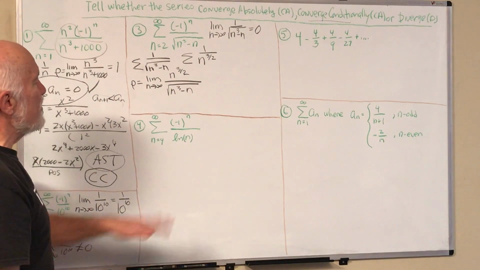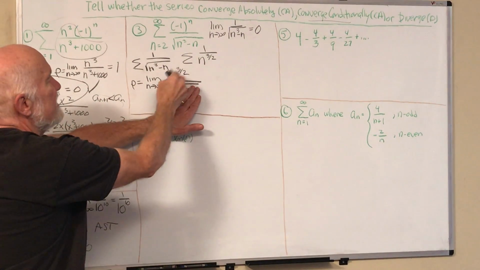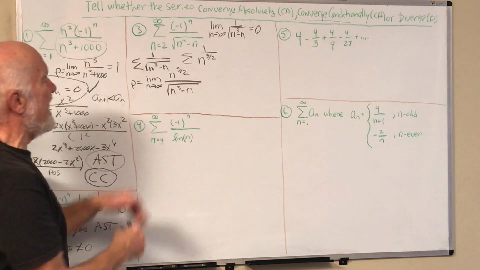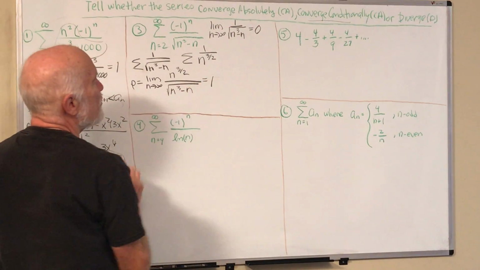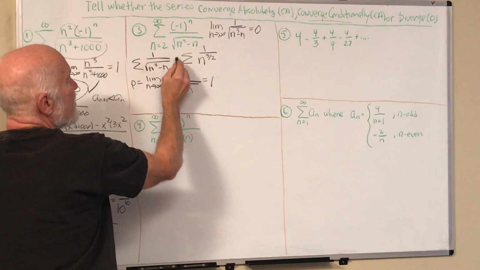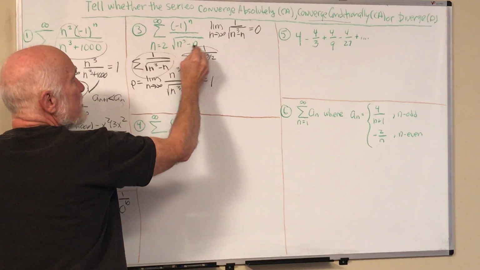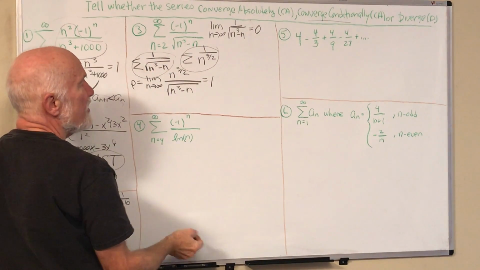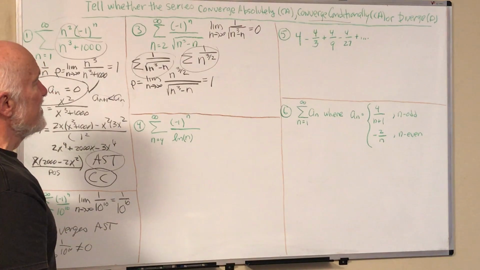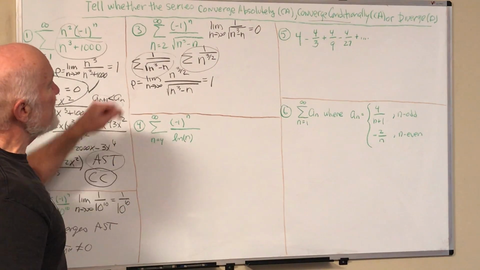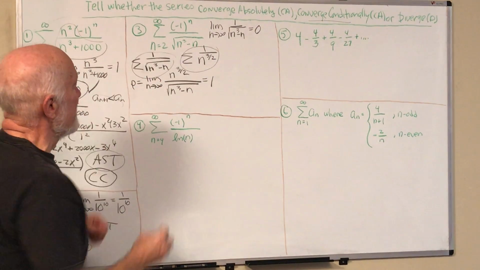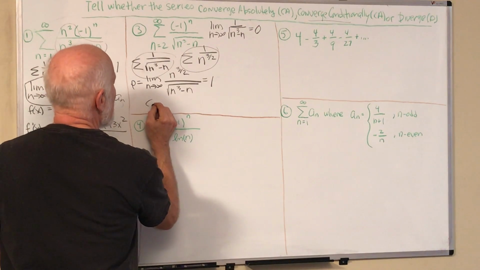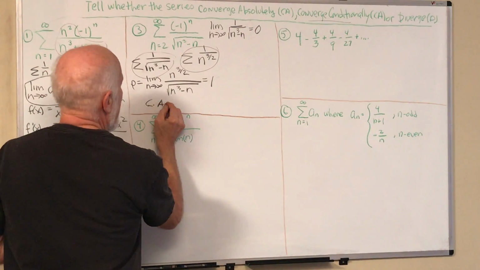If I ignore the lower powers of n, I get n to the 3/2 over n to the 3/2, which is 1. So this series compares favorably with this p series, therefore it converges. So this one doesn't need the alternating part. So I would say it converges absolutely.